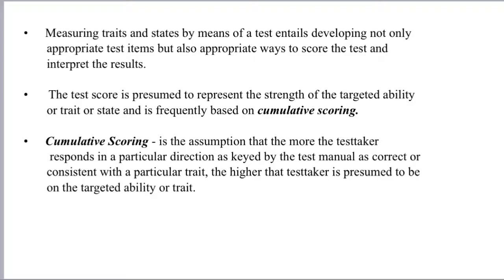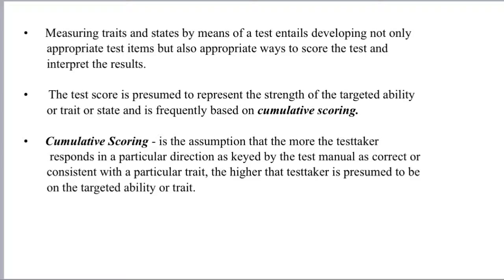The test score is presumed to represent the strength of the targeted ability, trait, or state. It is frequently based on cumulative scoring, in which the direction where most of your answers fall matters. For example, in a test you take, one of the traits is shyness and another is aggressiveness. If your answers are more likely aligned with shyness, then your dominant trait is that you are a shy person. So, that follows cumulative scoring.